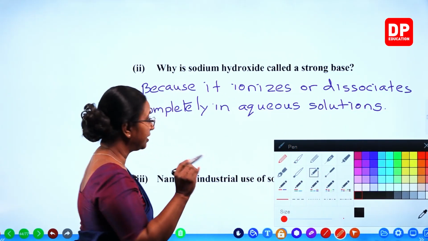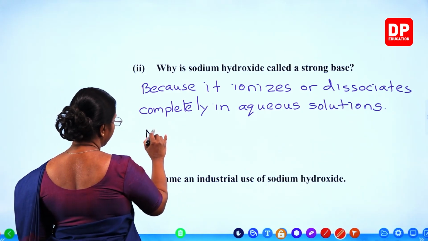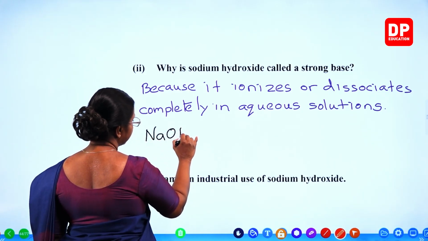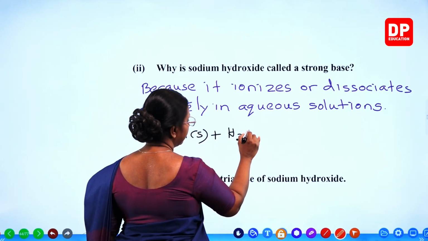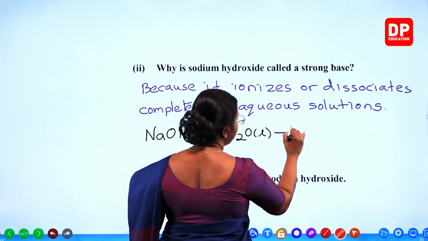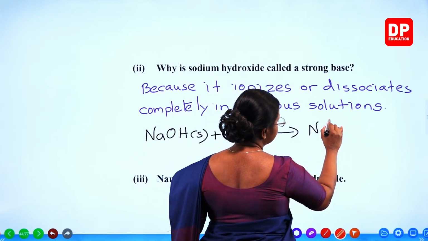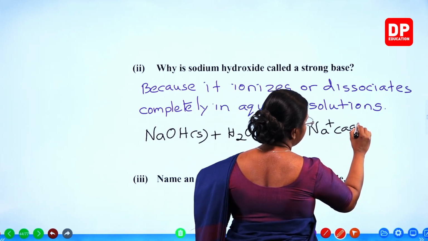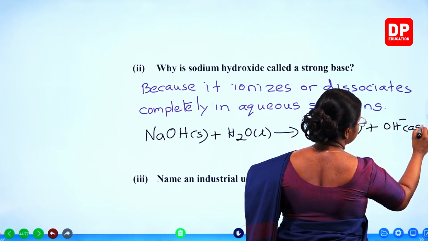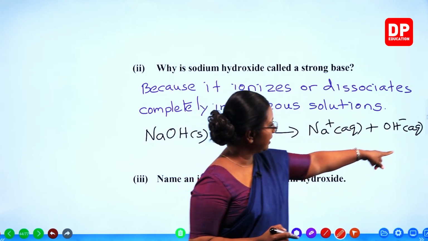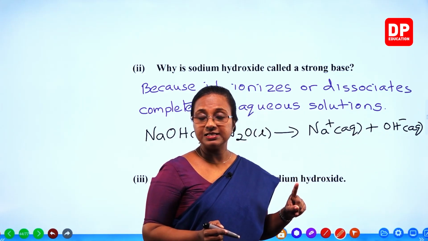I'm just going to write the equation just for you all to recall what is there. If you have sodium hydroxide solid, if you dissolve it in water, H2O liquid, it completely ionizes and becomes Na plus aqueous and OH minus aqueous. So there you can see it increases the OH minus ion concentration.